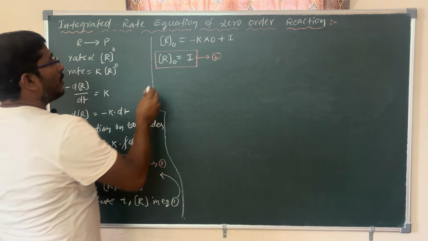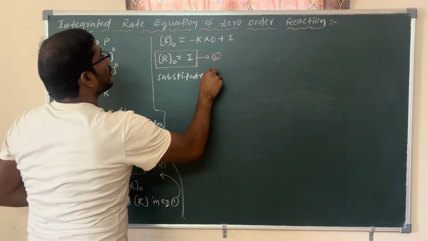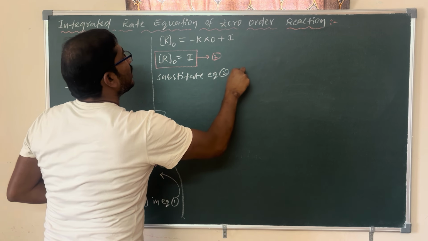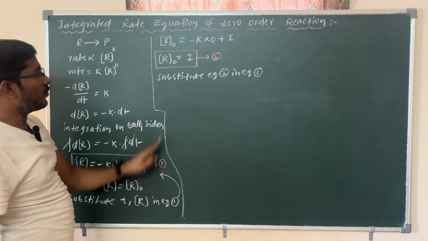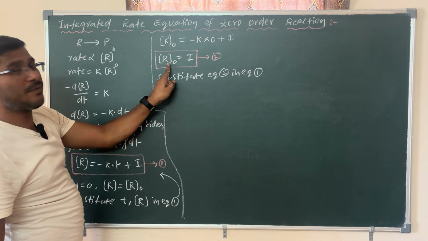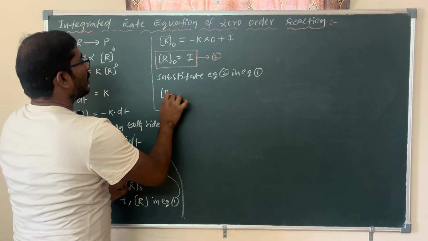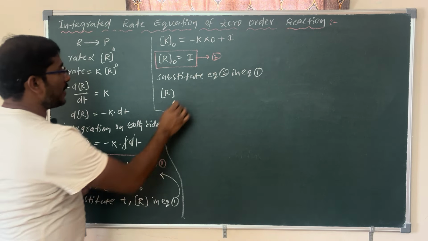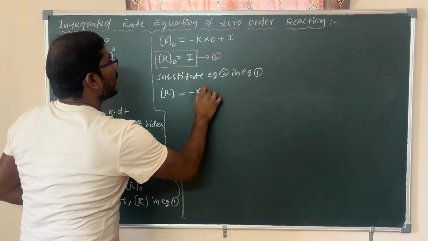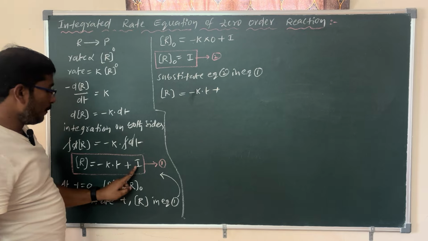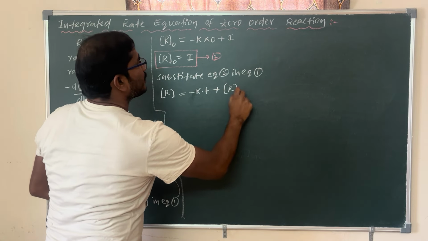Now substitute equation 2 in equation 1. The value of I is the initial concentration of reactants, which I am substituting here. So what am I getting, students? Concentration of reactants is equal to minus K into T plus the initial concentration of reactants.